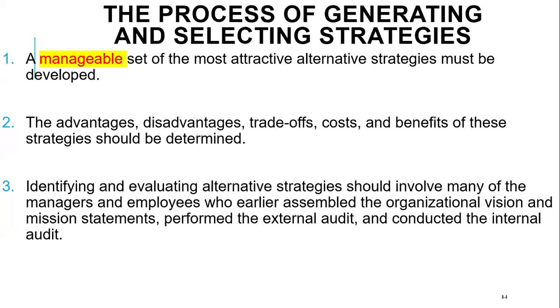And what that means is that a manageable set of strategic options ensures that an organization can focus its resources and efforts on thoroughly evaluating and implementing the most promising options. So think about it this way.